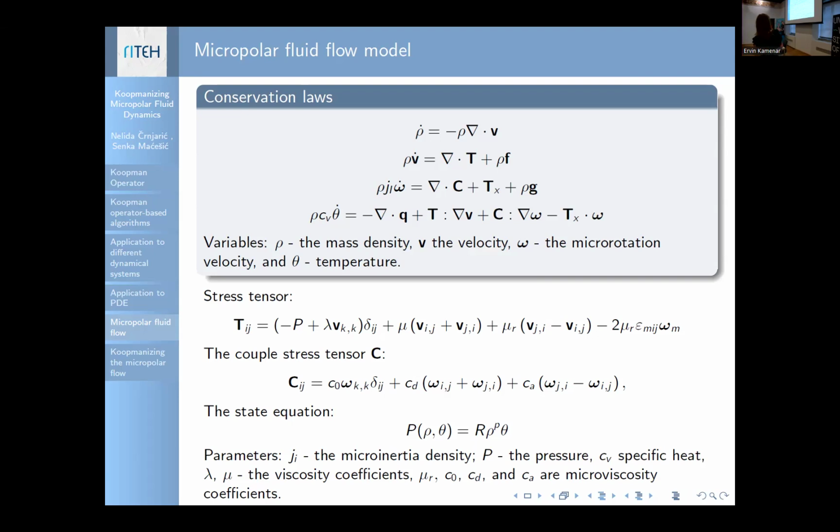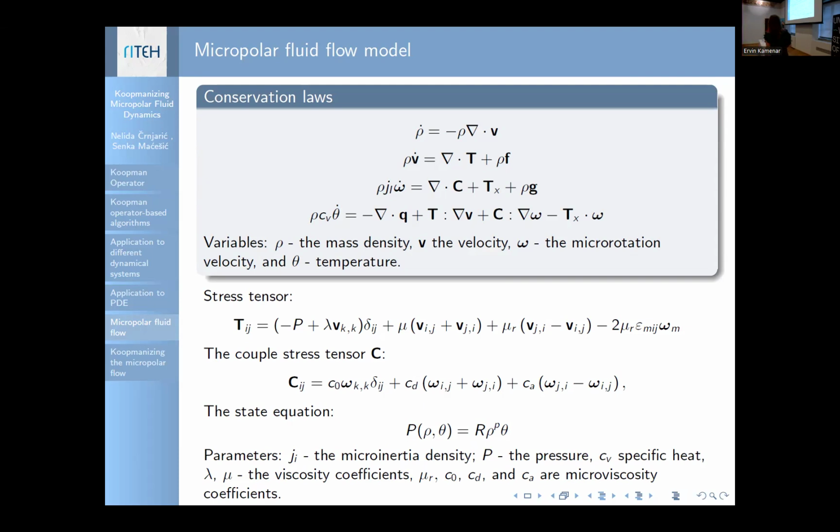And now we come to the micropolar fluid flow case. It is obtained from the classical fluid flow equation by adding the equation that describes the micro-rotation of particles. So we have one more equation that is describing this rotation.